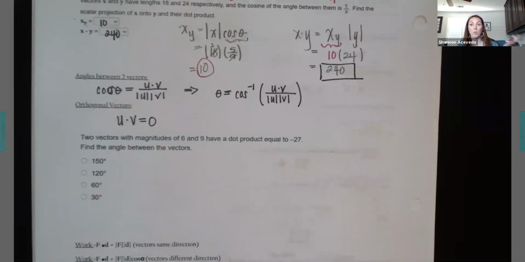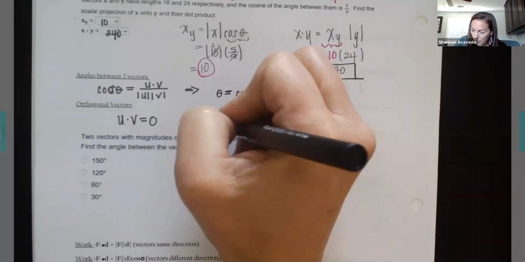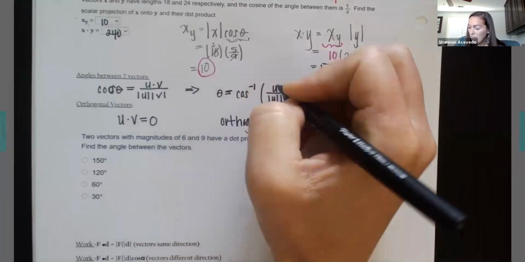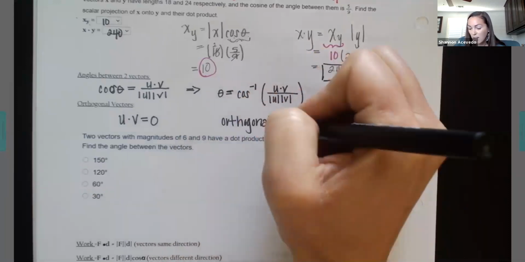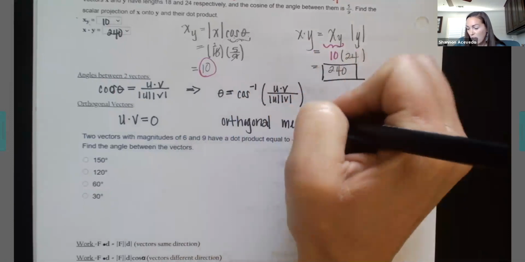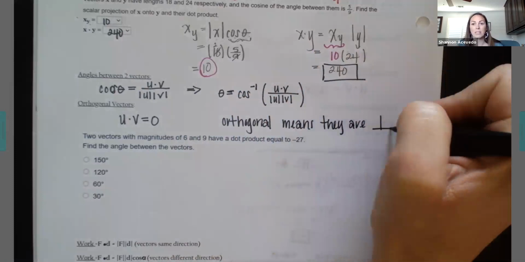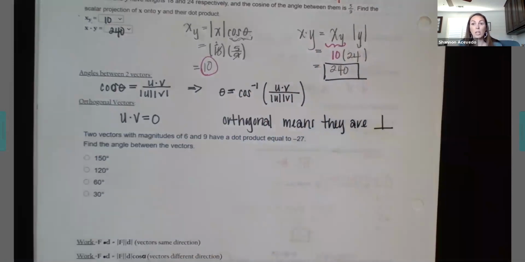I've never heard this word. Orthogonal is just asking if they are perpendicular. That's it. Are the two vectors perpendicular? They're perpendicular if the dot product is equal to 0. So orthogonal just means perpendicular.